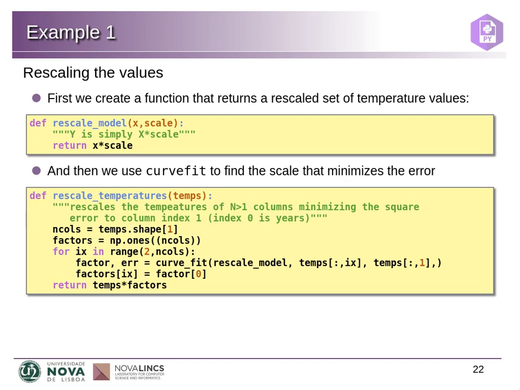So now we have this rescale temperature function that receives all the temperatures for the country. The number of columns that we have will be the number of columns in this temperature, and we can get the number of columns in a matrix by using the shape attribute of the matrix.